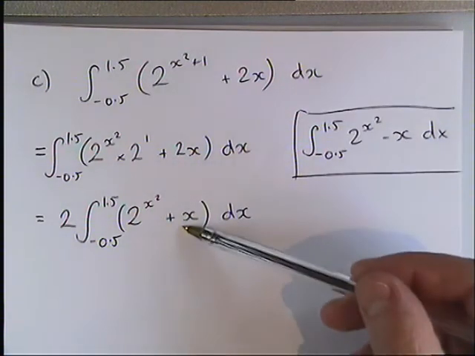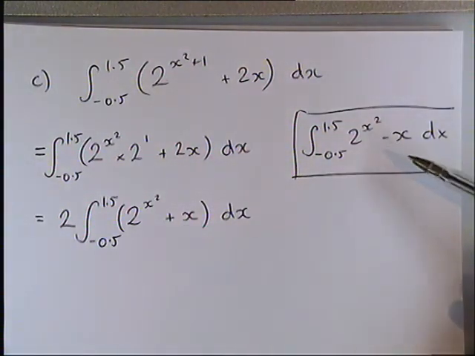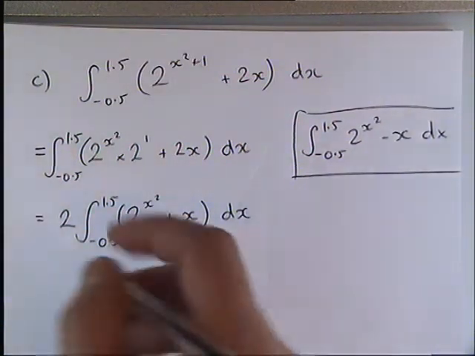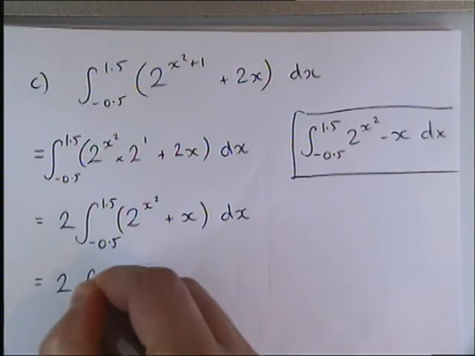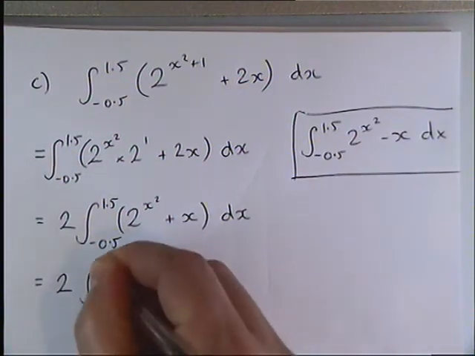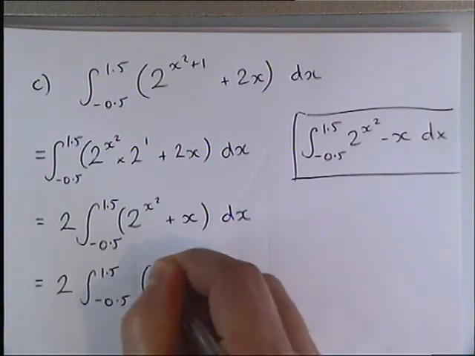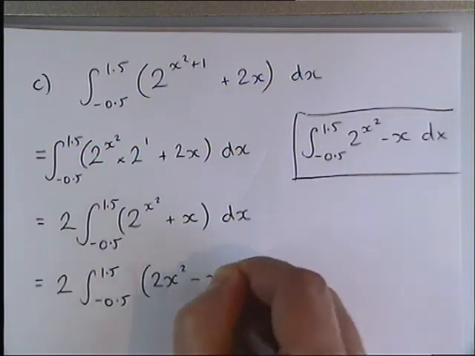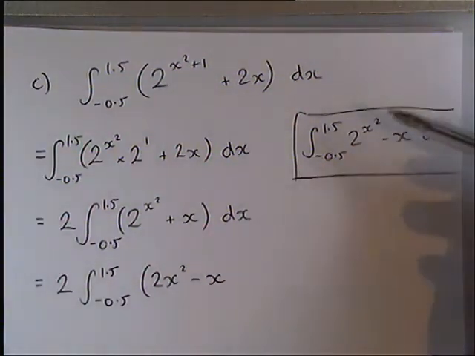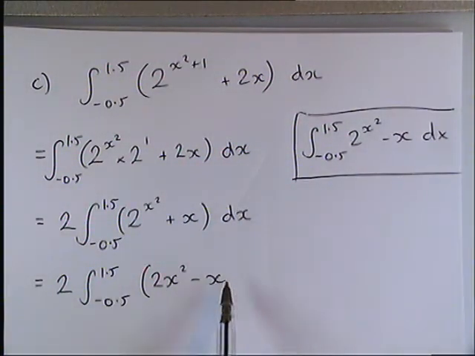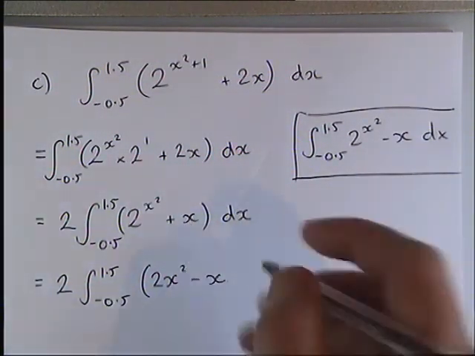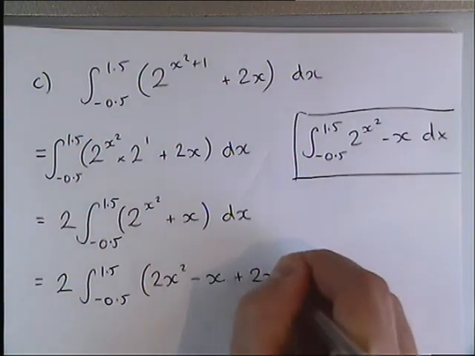So we've got a plus there, we had a minus in part A, so I'm just going to do a little fiddle here. I want to basically use the result from part A, so I'm going to write the result from part A, which is 2 to the power of x squared minus x, and then I'm going to adjust this to make it look like that, so I have to add 2x.